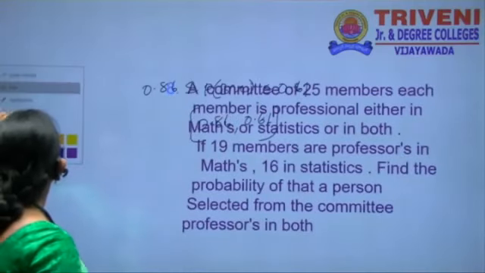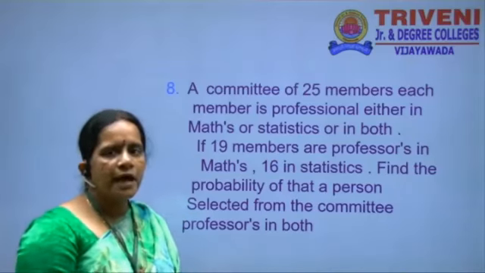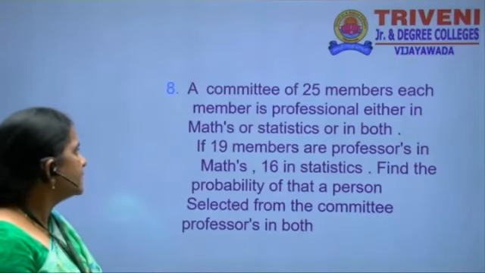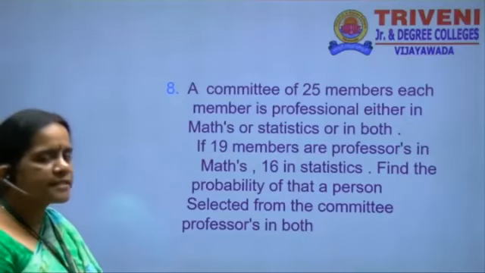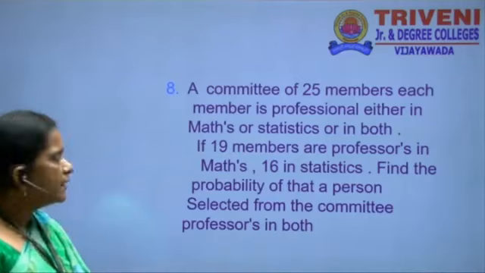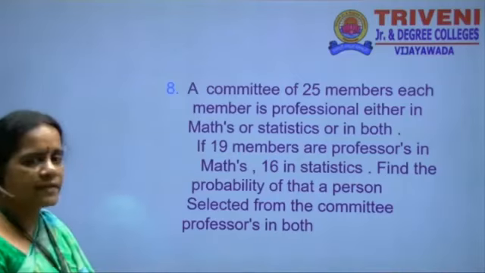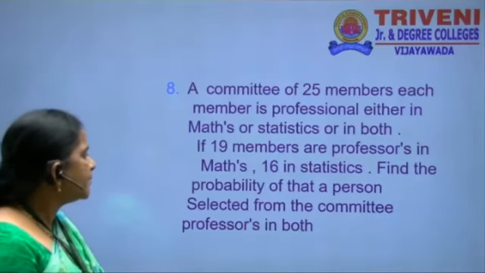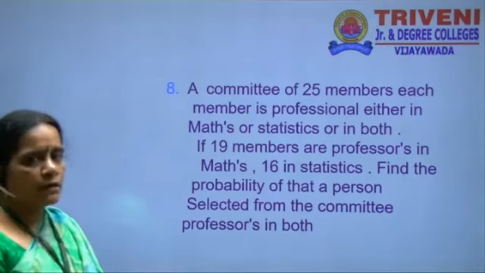And then we are going to the next one. A committee has 25 members. Each member is a professor either in maths or stats or in both. 19 members are professors in maths and 16 members are professors in stats. Find the probability that a person selected from the committee is a professor in both.